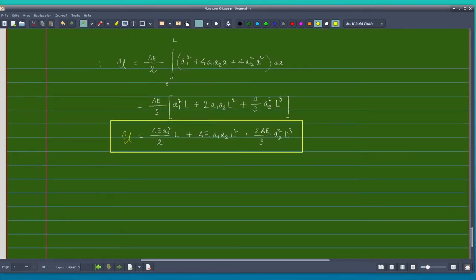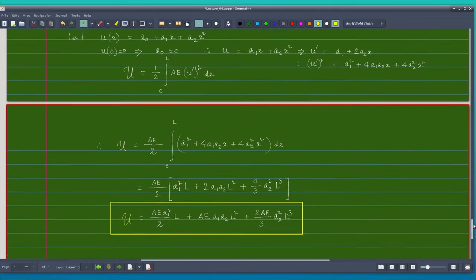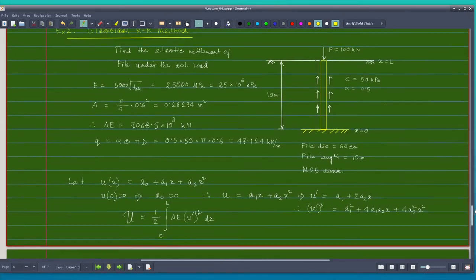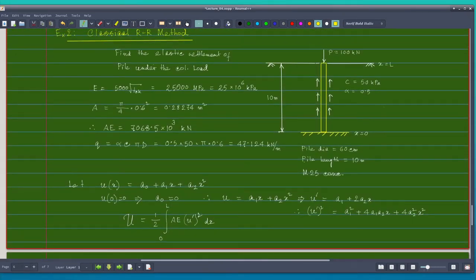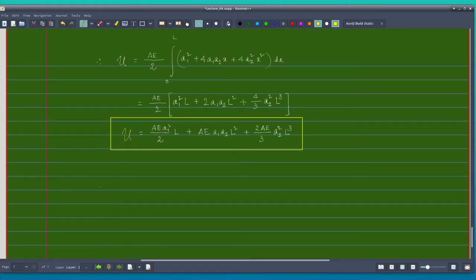Next, let us find out the work potential. Now, work potential will be the total work done by all the forces over the domain. And now you see this, my force P is a compressive force, so it will be a negative force. Okay, so therefore I can now write the work potential.